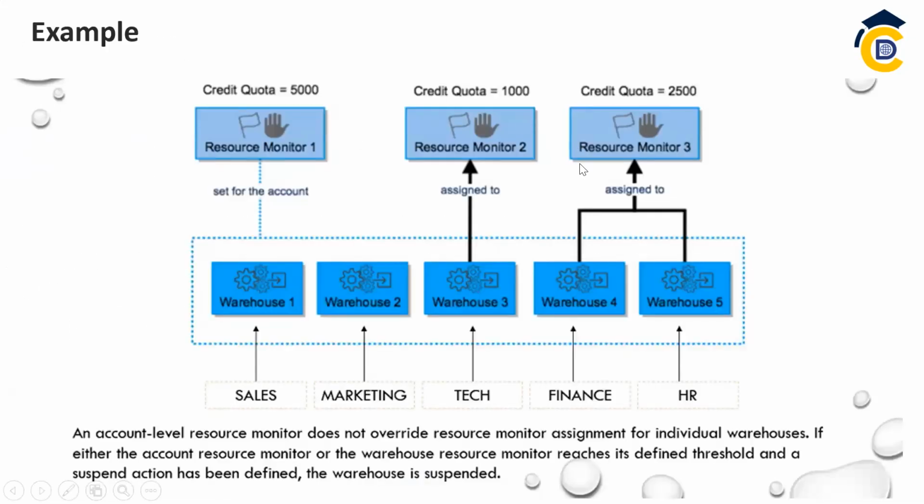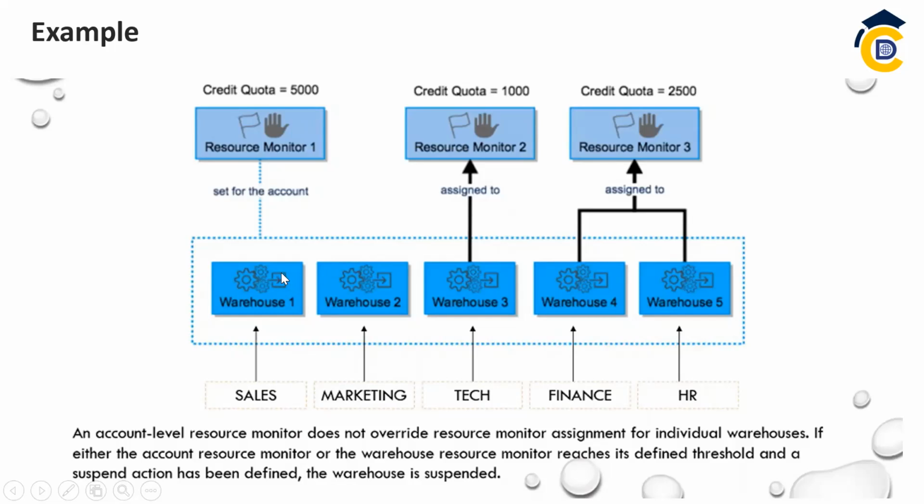Okay, so we just checked this configuration setup here, guys. So see, resource monitor 1 is given a credit quota of 5,000, resource monitor 2 is 2,000, and 3 is 2,500. So imagine, and say all of them have suspend and notify. Okay, let's consider all of them have action, suspend and notify.